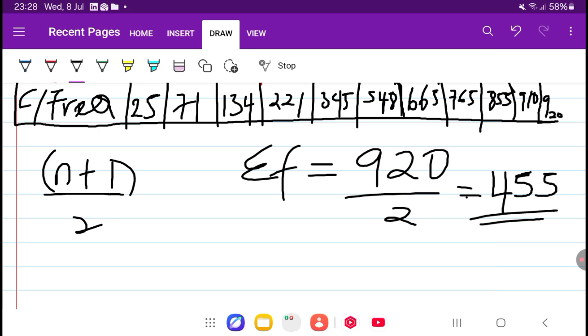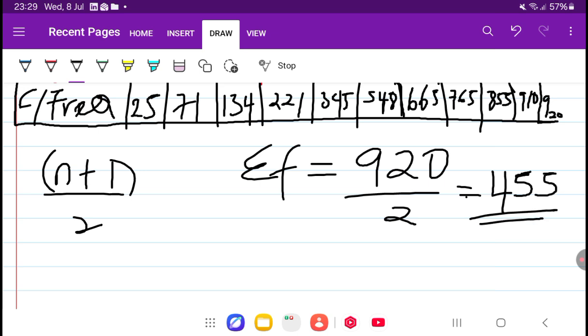Now you see, you may not have a value that is exactly 455. But if I try to look at this data set and locate this cumulative frequency, because what we do, we compute these values. After computing the cumulative frequency, we get our n over 2.